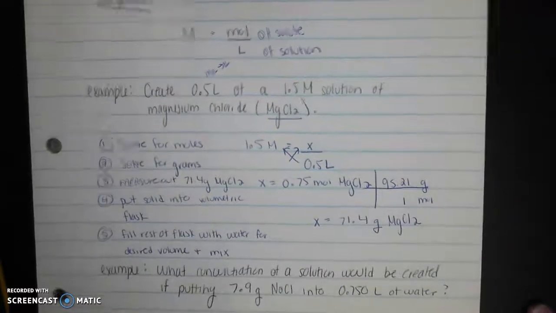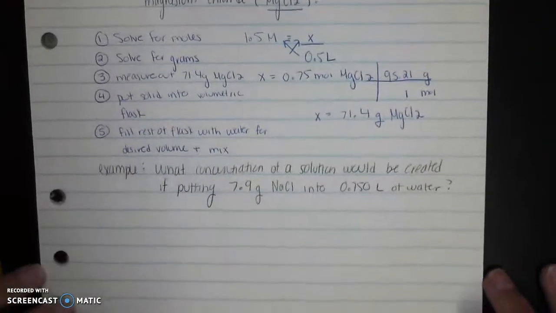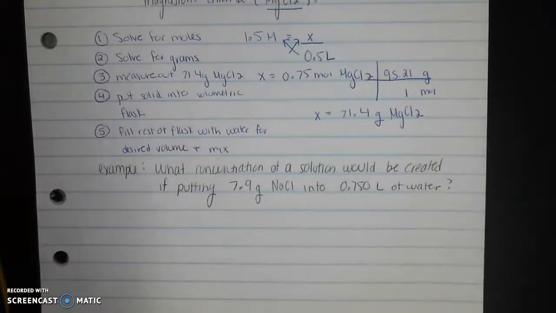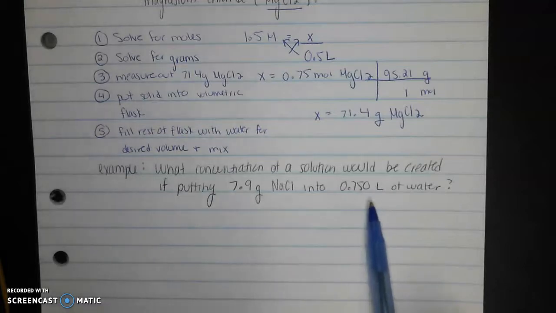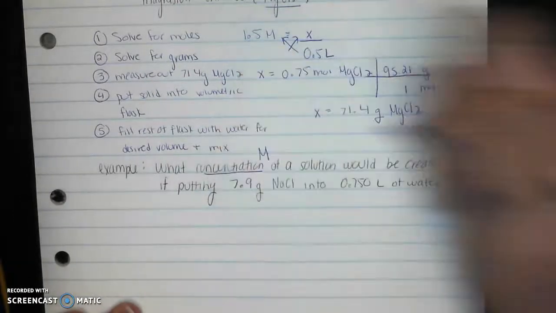This next question is just a math problem using our molarity equation. Here it says, what concentration of a solution would be created if putting 7.9 grams of NaCl into 0.750 liters of water? Concentration is going to be our molarity.